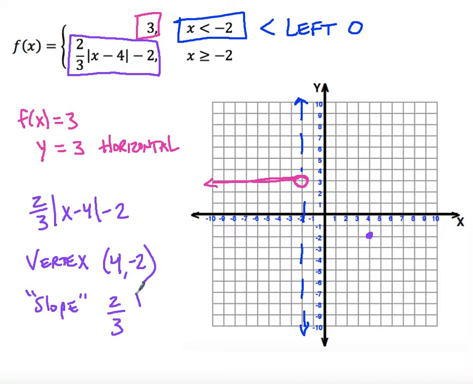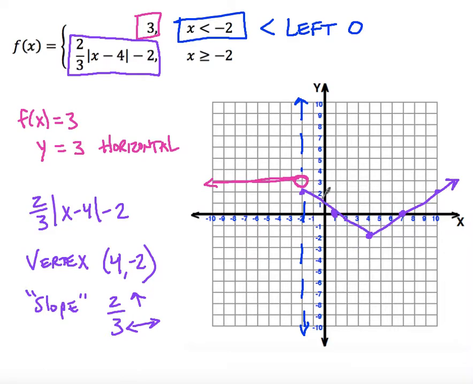So the top number tells me I'm going to go up 2. The bottom number tells me I'm going over 3. To make my V shape, I have to go up 2, over to the right 3, and up 2, over to the left 3 to make my V shape. And just continue that pattern. Up 2, over 1, 2, 3. Up 2, over 1, 2, 3.